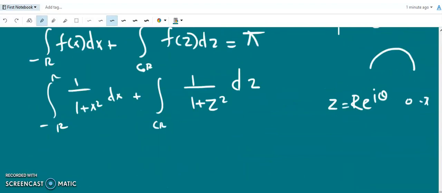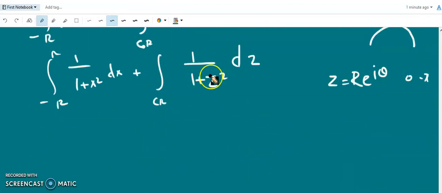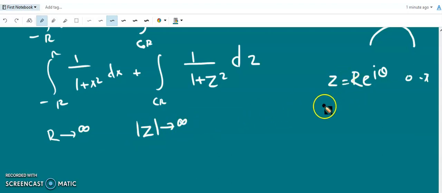And for the semicircular contour z equal to r e to the power I theta. Now we apply the limit r tends to infinity. r tends to infinity means mod z tends to infinity. With z equal to r e to the power I theta, dz is I r e to the power I theta d theta.